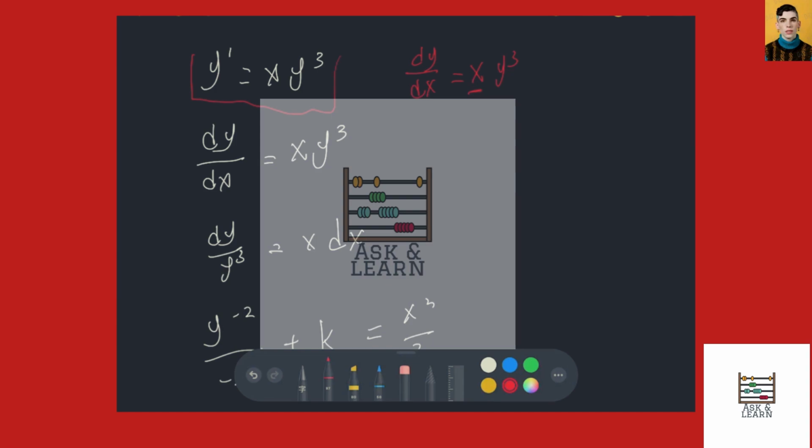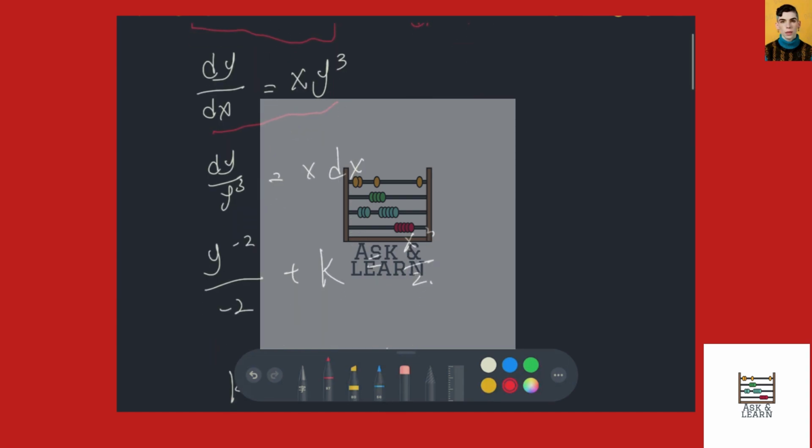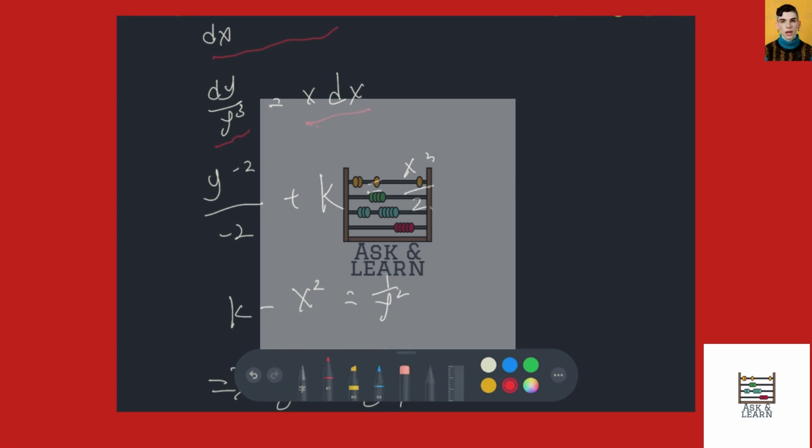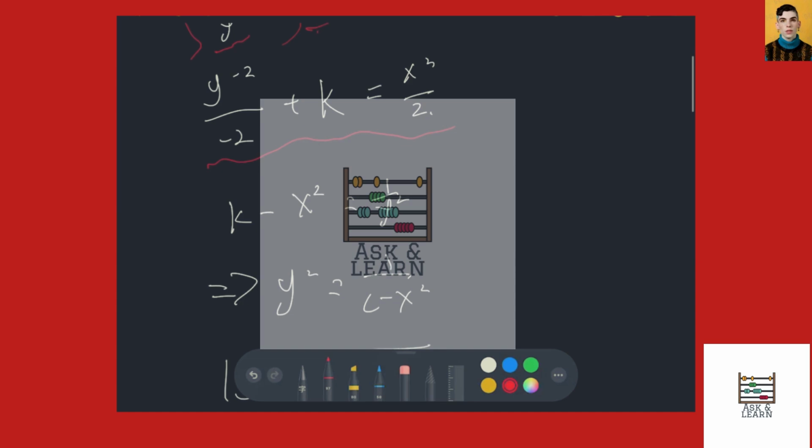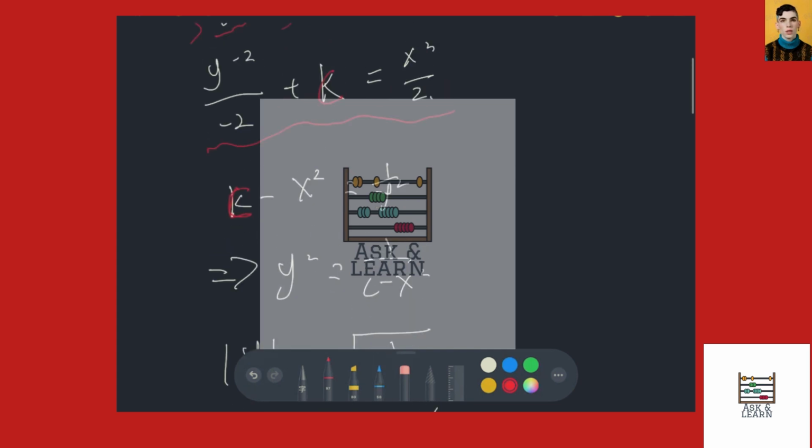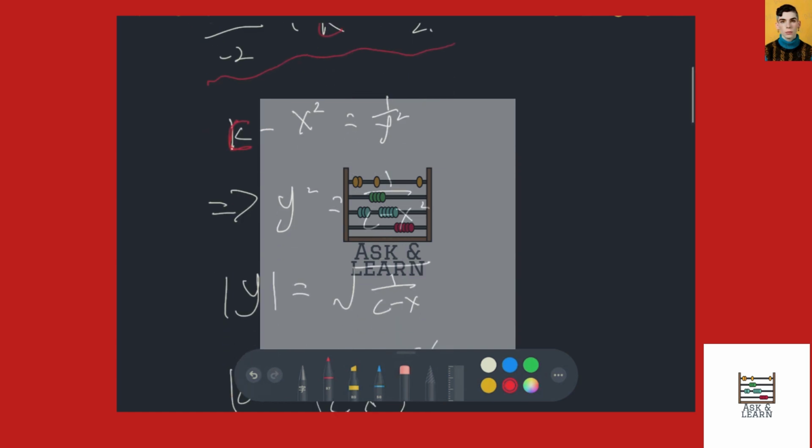If we put y on the left side and x on the right-hand side, and take the integral on both sides, we get this. Then we do the simplification, and we get this.